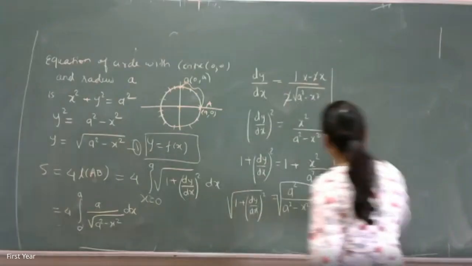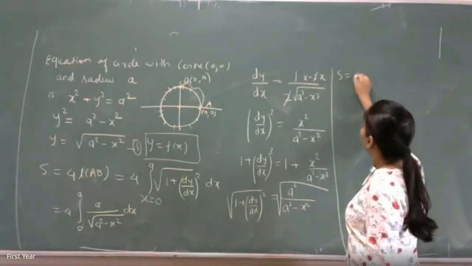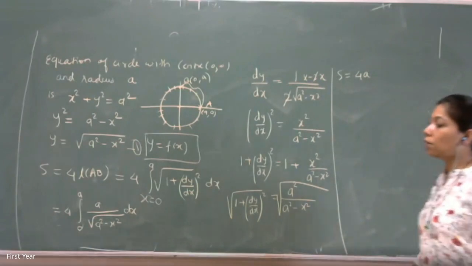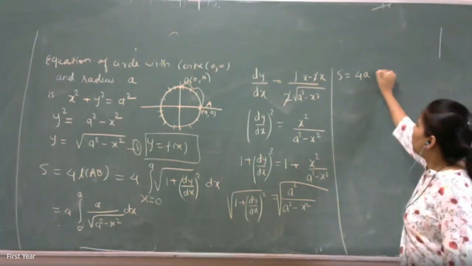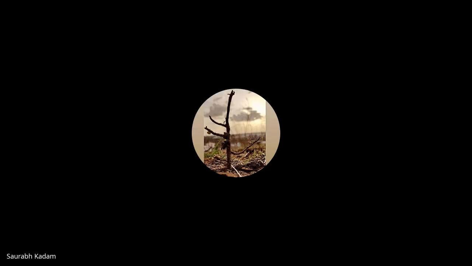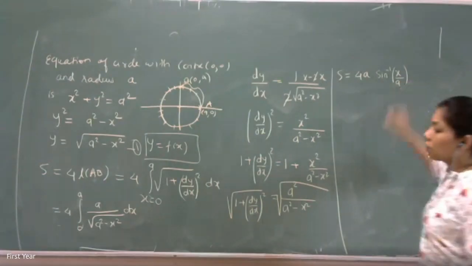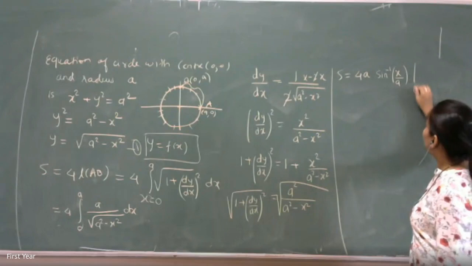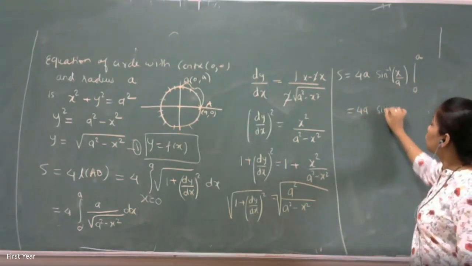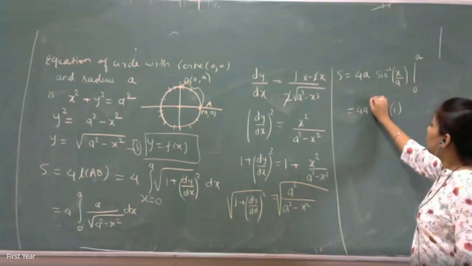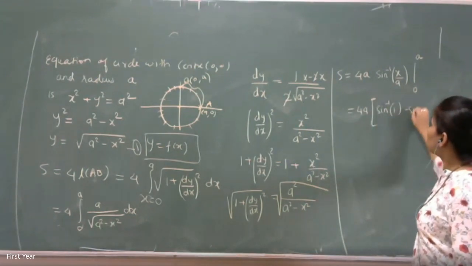Yes, ma'am. And that's why S is equal to 4 times a. A is a constant, it will come outside. What's the integration of 1 upon square root of (a square minus x square)? Sine inverse of x by a, from 0 to a. So put that value: 4a into (sine inverse of a by a, which is 1, minus sine inverse of 0).